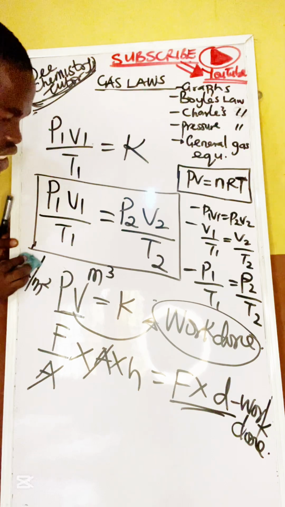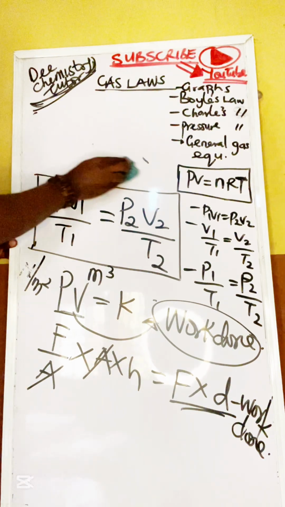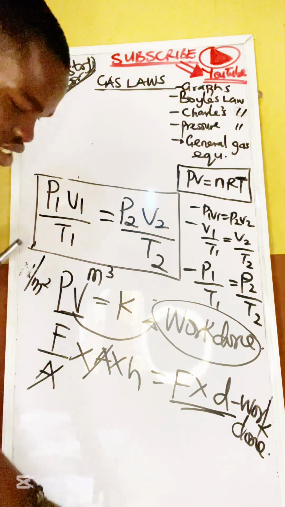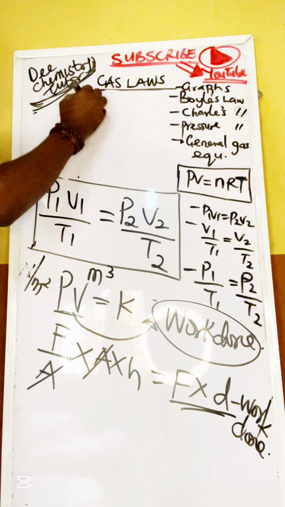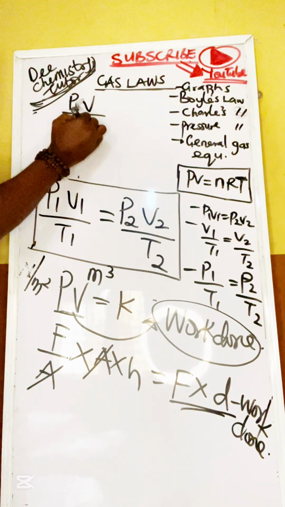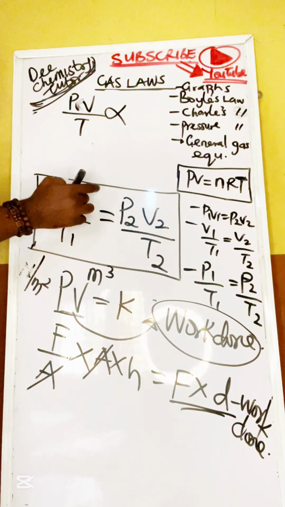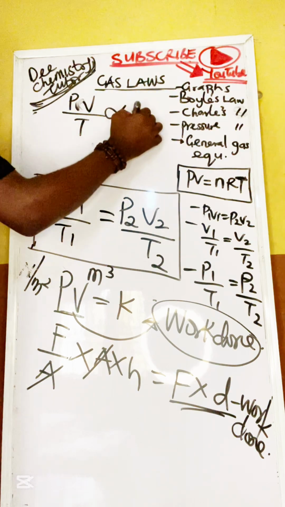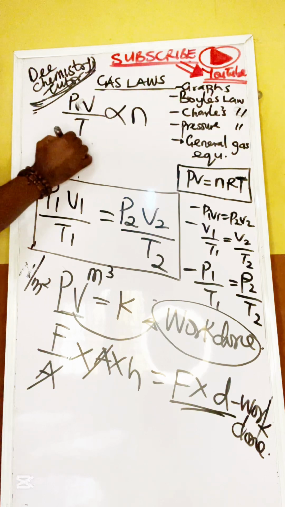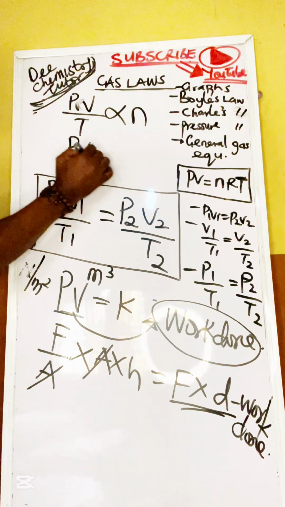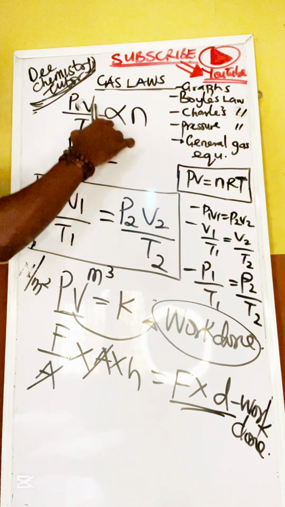Now let's move from there. If you understand this, I can tell you now, I said this is equal to a constant. I can say PV over T can be directly proportional to, let's say, N, for instance. So if this is this, PV over T, we can now have a constant.